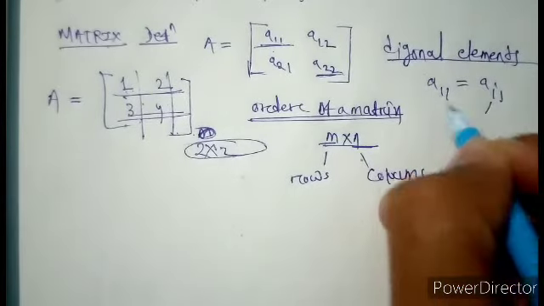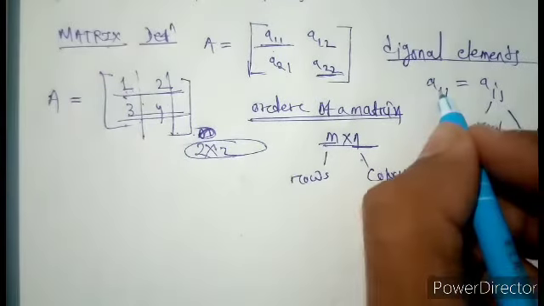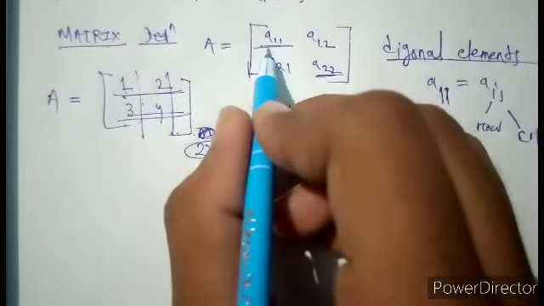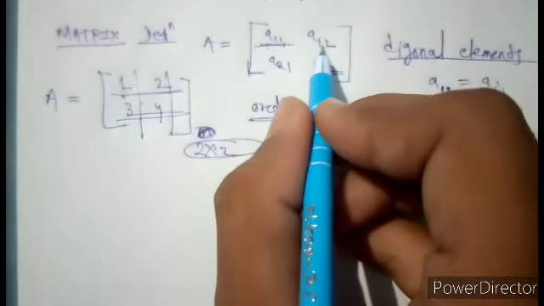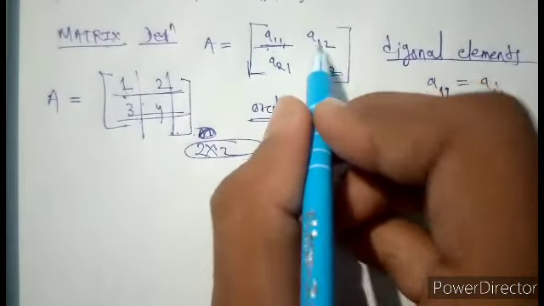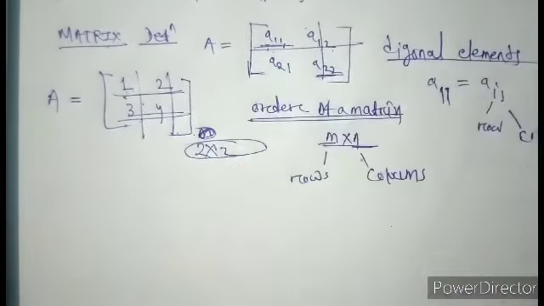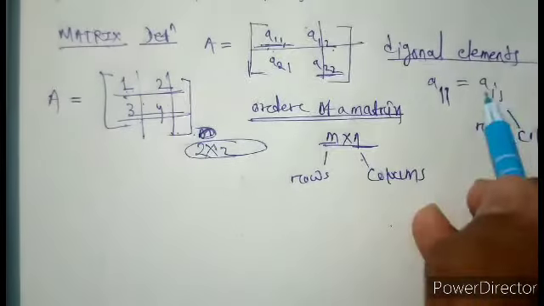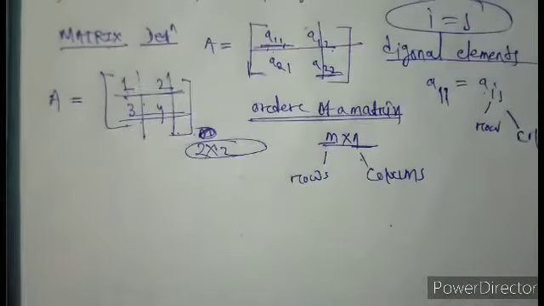Here i represents row and j represents column. As we wrote here, A11 denotes first row and first column. Similarly A12 is first row and second column, because this is the first row and this is the second column. Okay, where i is equal to j, these positions are diagonal elements.